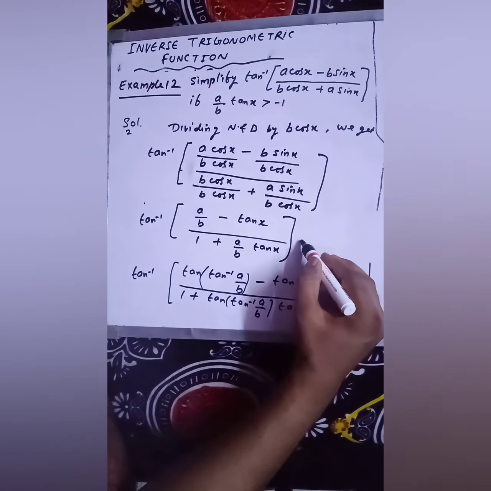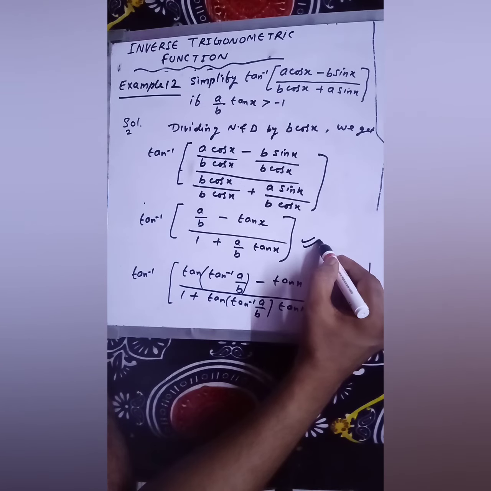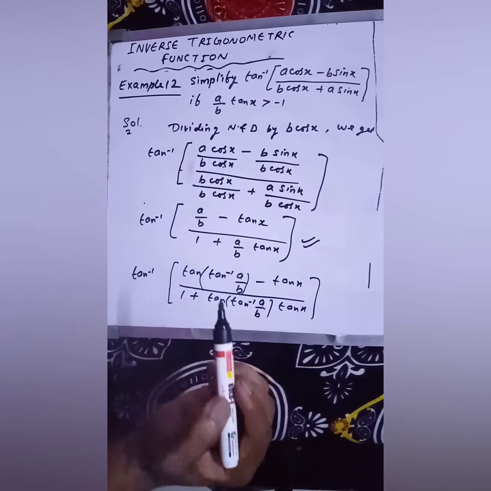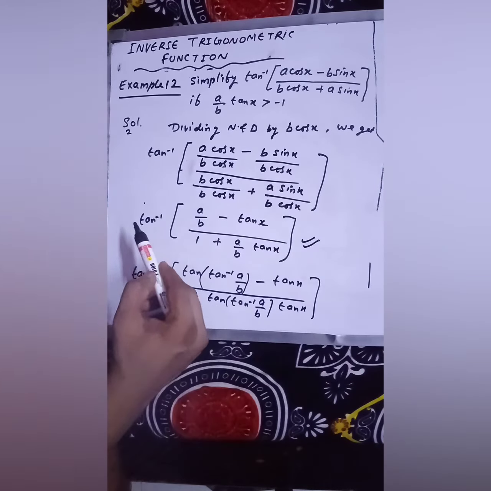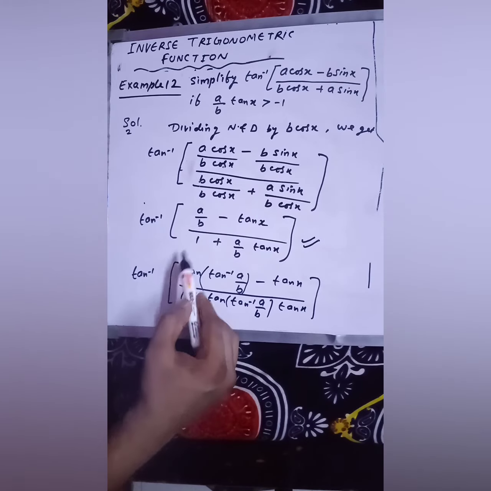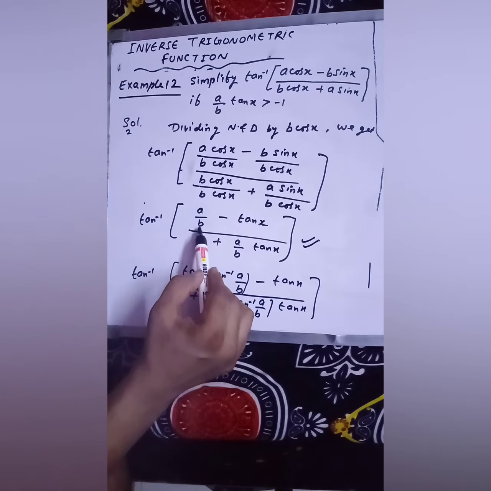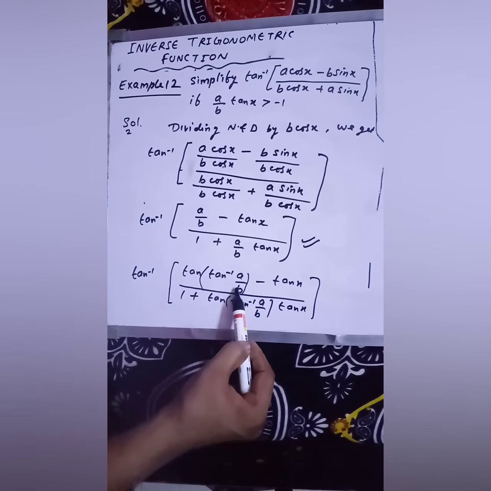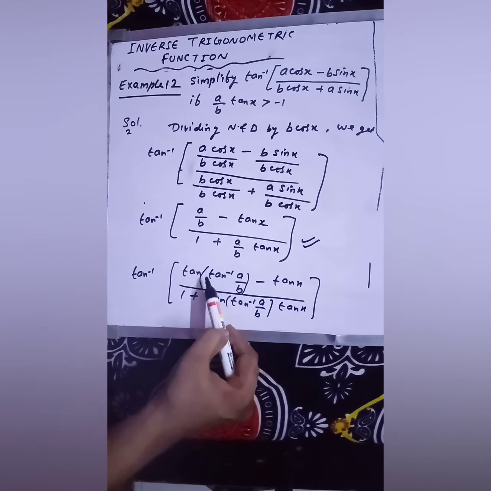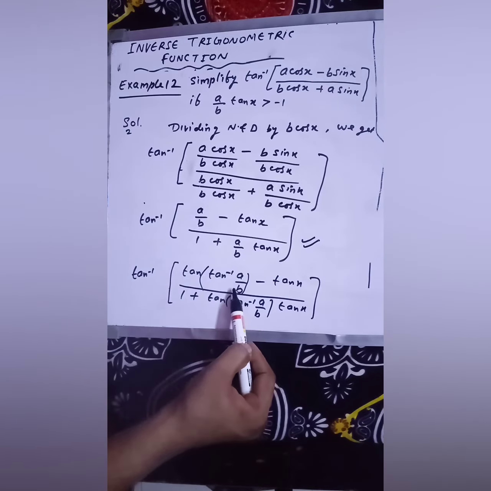After this step, the next step is very, very important, so concentrate here. This is your tan inverse. This a by b can be written as tan of tan inverse a by b, because tan inverse and tan cancel out and you will get a by b.